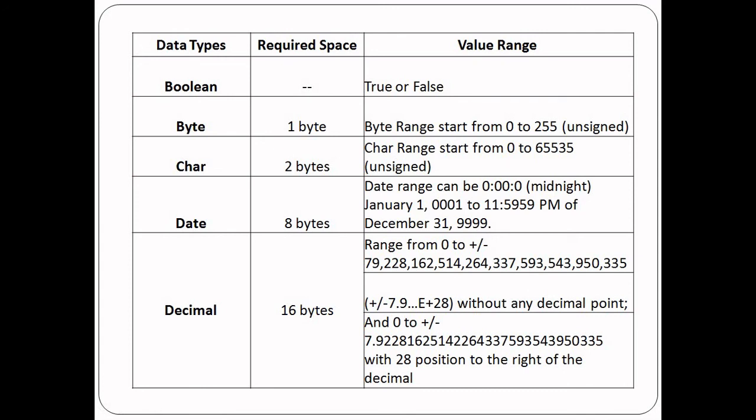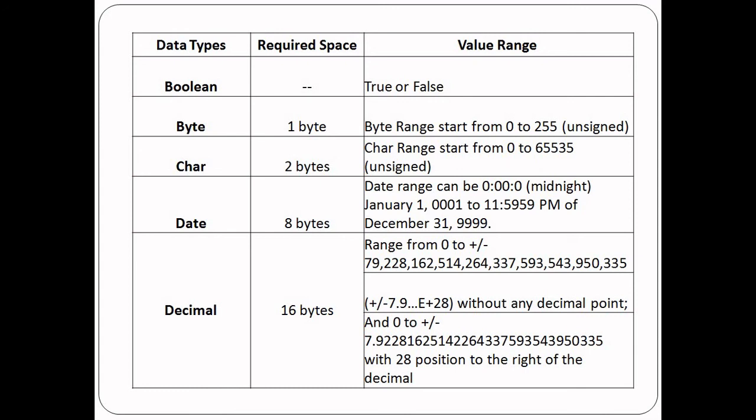So this is the minimum and the maximum date that we can include in our VB.NET program using date data type. So date data type is used to store dates in a proper format. Char is used to store textual data. Byte is used to store numbers.